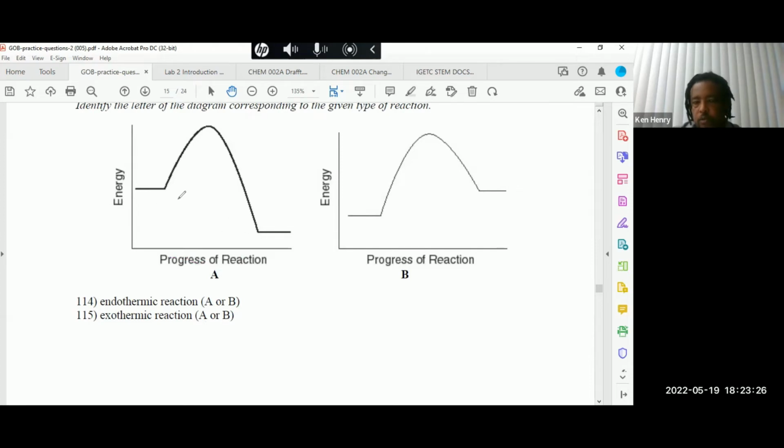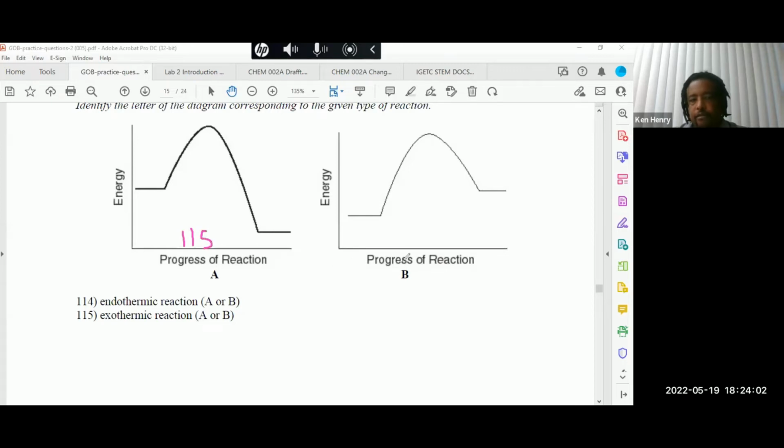So that would be an example of either exothermic or endothermic. What do you think that's going to be an example of? Would that be exo? That's right, because the only way that we can drop down in energy is if we're losing some of it. It's being released. So that would be 115.